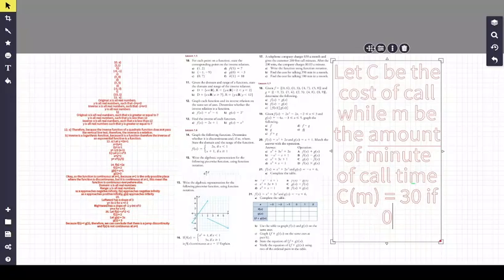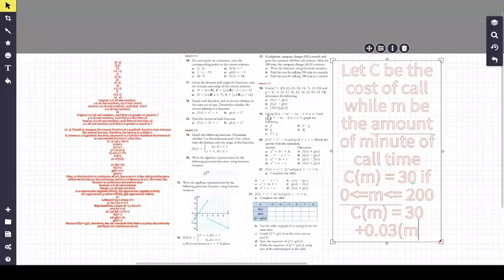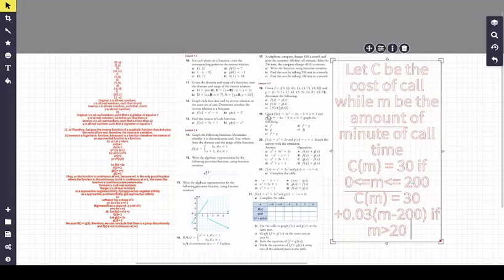Well, we kind of gotta bound it on the lower end as well. So if 0 is less or equal to M is less or equal to 200, and C of M is equal to 30 plus 0.03 times (M minus 200) if M is greater than 200.